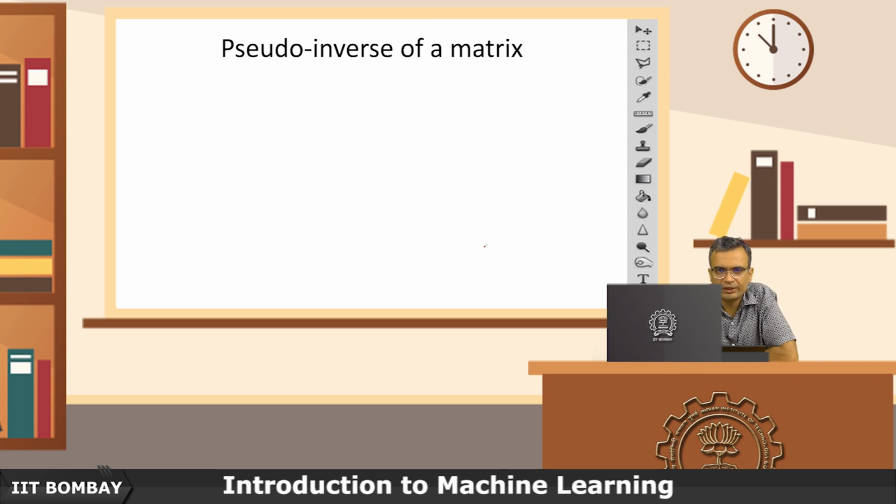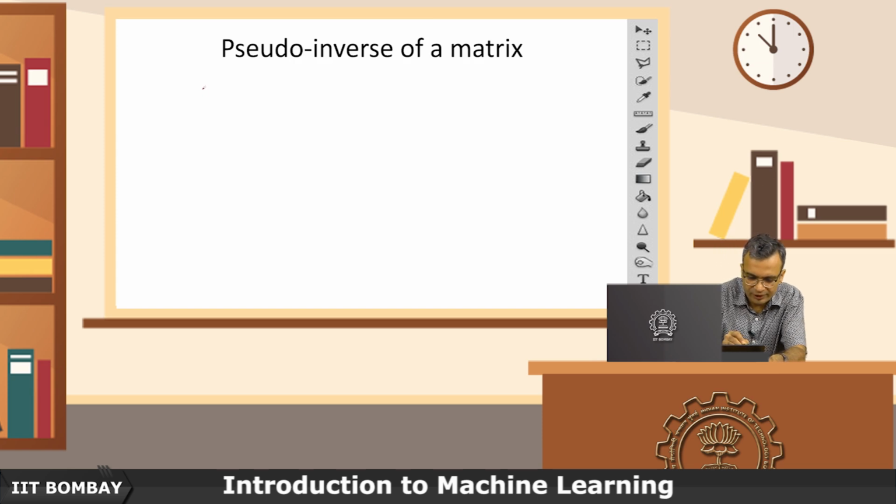So, we saw the inverse of a matrix, we saw the rank of a matrix. Now, let us talk about the pseudo inverse of a matrix. Pseudo inverse is another matrix that we compute starting from any matrix, that can be multiplied with rank deficient matrices to give you an identity matrix. So, it is not a real inverse, it is a pseudo inverse.